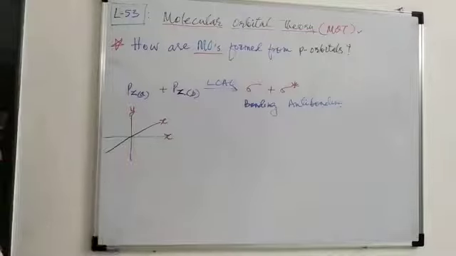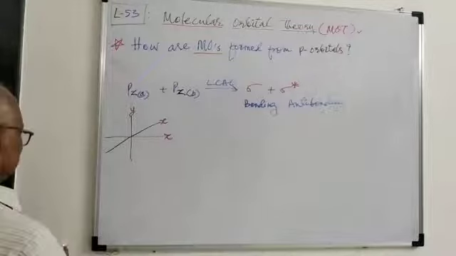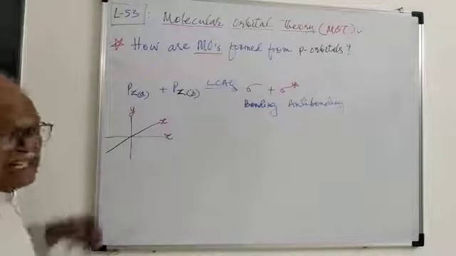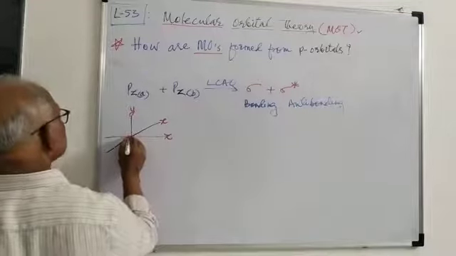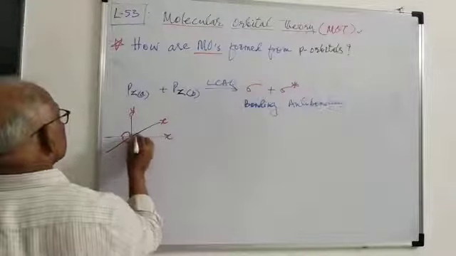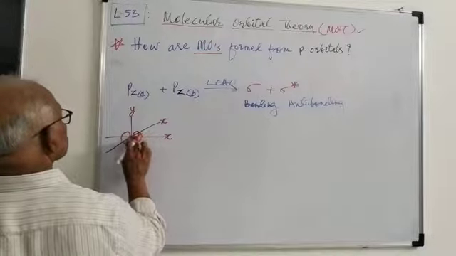This pz orbital. We have shown that these orbitals are lying in the direction of the z axis, and we can show these orbitals in this way.